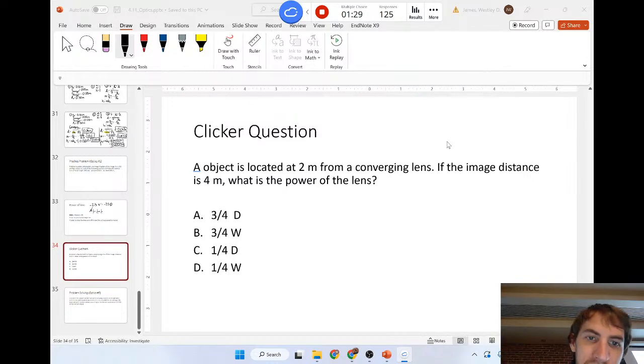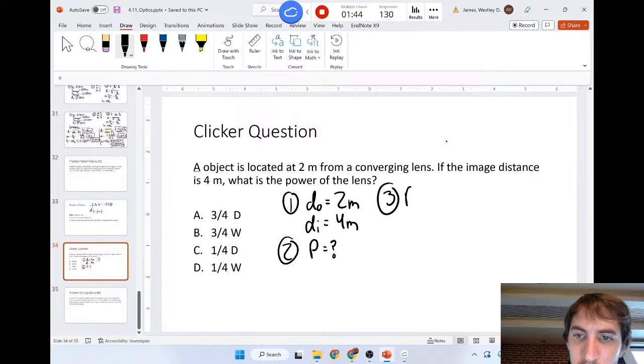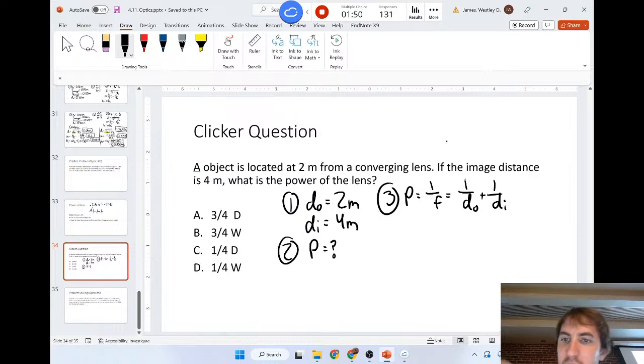All right, so step 1, I give you the object distance is 2 meters. I give you the image distance is 4 meters. I say, what's the power of the lens? Step 2, we are solving for power. And we have that equation, power equals 1 over F, which equals 1 over dO plus 1 over dI. So we look at this equation, and we basically say, who needs the middle?